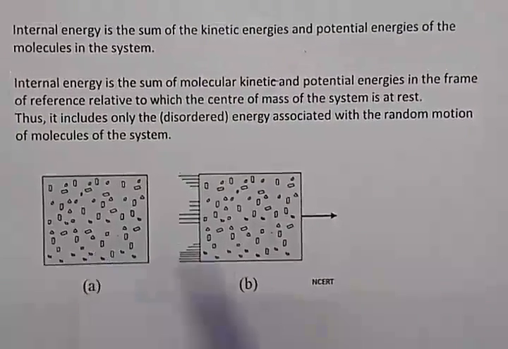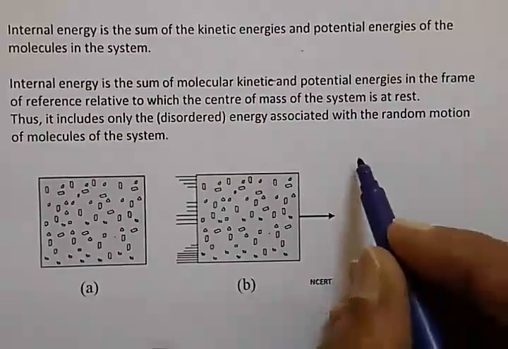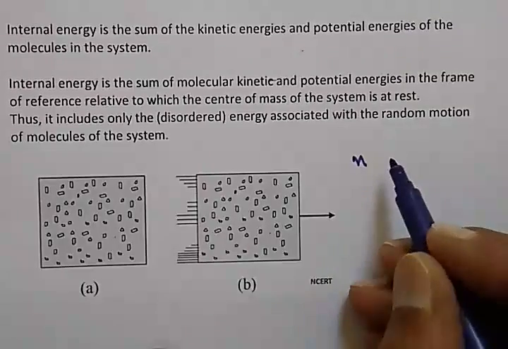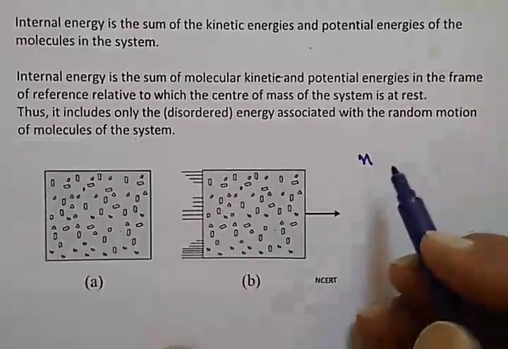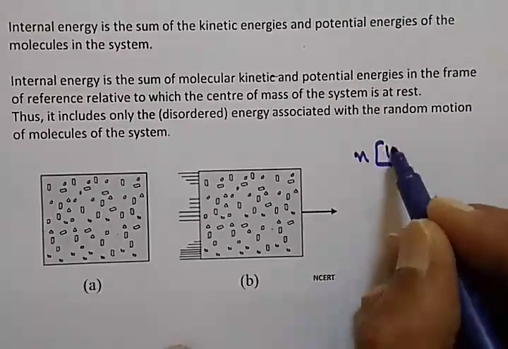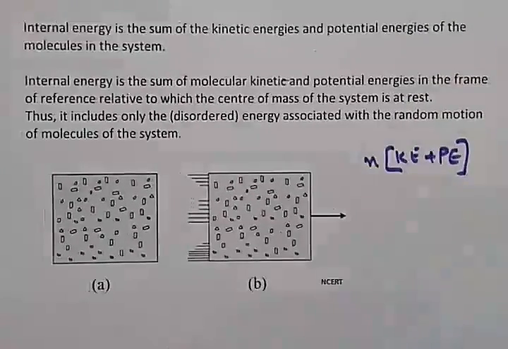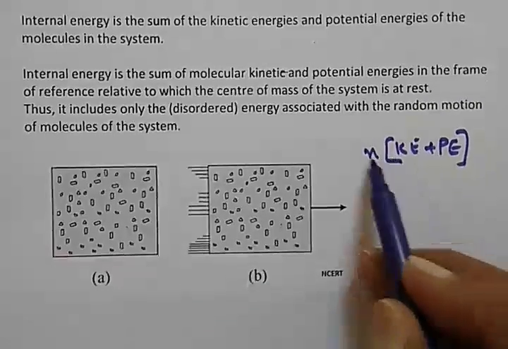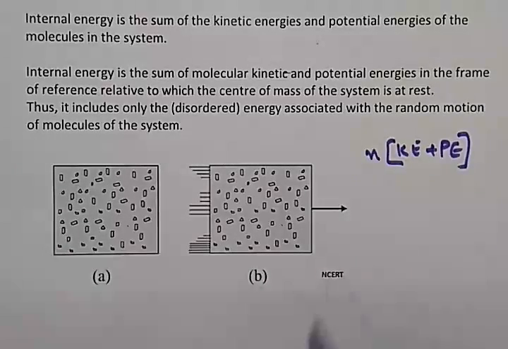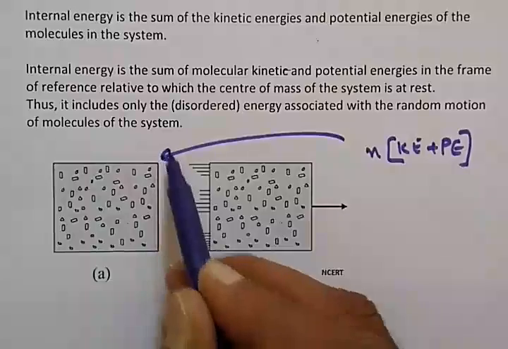In this case, let us take the number of molecules or atoms as m, then the kinetic energy and potential energy of each, or if you take the average, will give you the kinetic energy of this box.